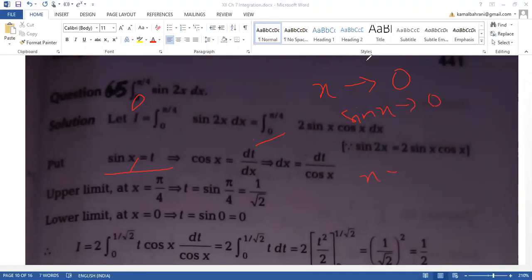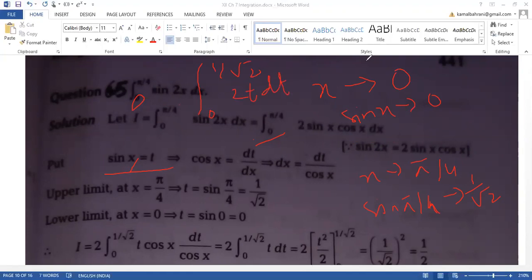When x is tending to pi by 4, sin pi by 4 is what? 1 upon root 2. So the limit will also change. Now the question will be 0 to 1 by root 2, 2t dt.